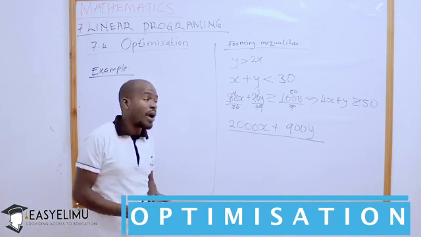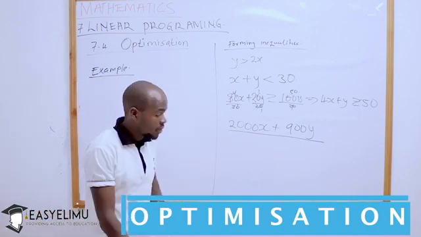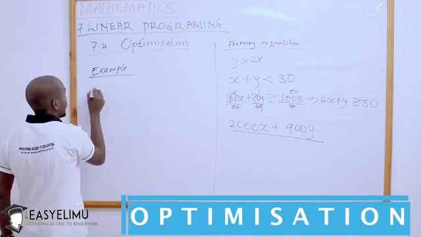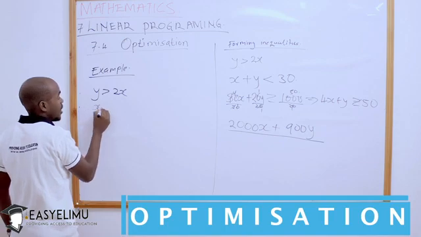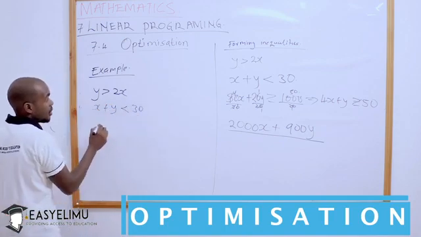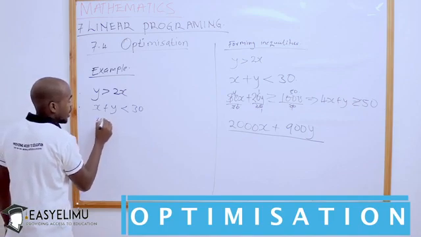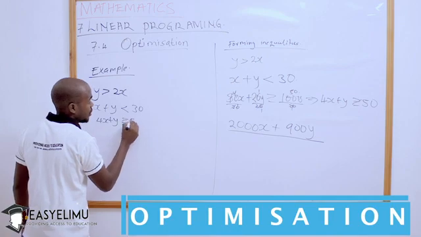So let's solve our problem here. Having formed the inequalities, we can now solve. Let me write them here: y is greater than 2x, x plus y is less than 30, and also 4x plus y is greater than or equal to 50.